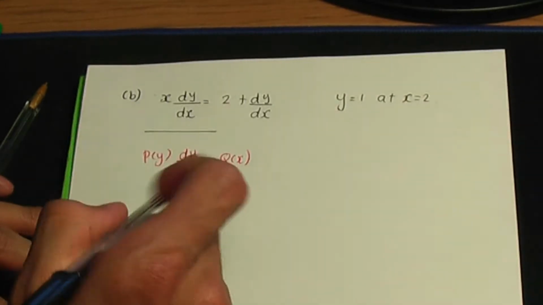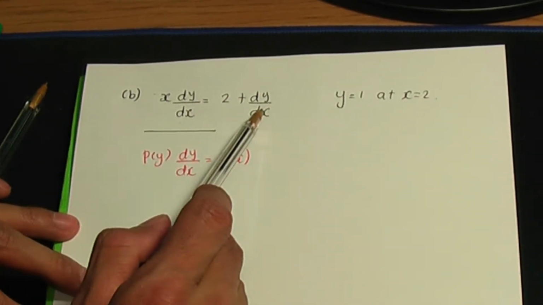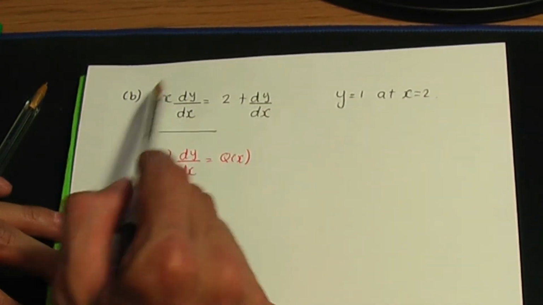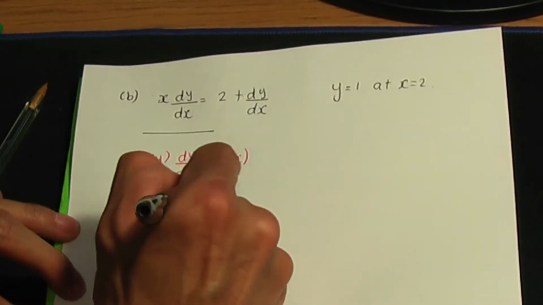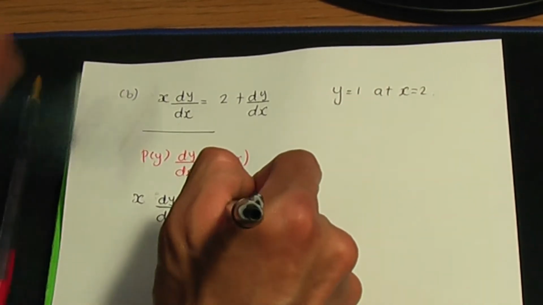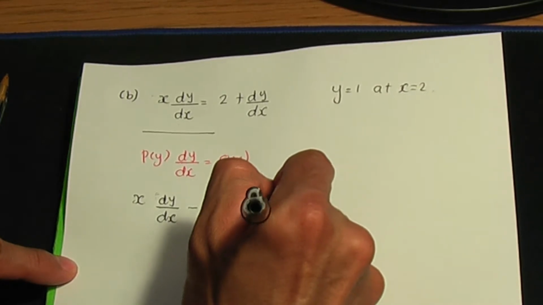In this case, I'm going to collect all of the dy by dx terms to one side. If I take this dy over dx term to the left hand side, I'm going to have x dy by dx minus dy over dx, and that is equal to 2.